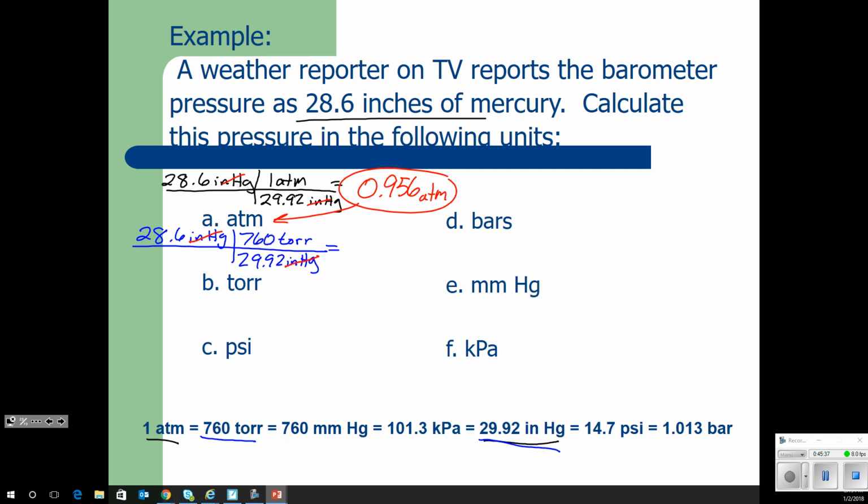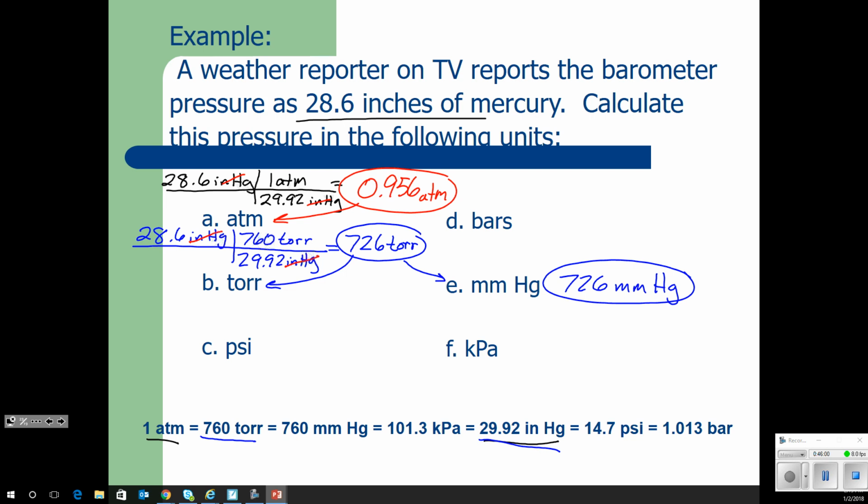What do we get here? We get what? 726 torr. Now, the nice thing is, torr and millimeters mercury are the same, right? So we've already got the answer for this one, 726 millimeters mercury. They're interchangeable. Okay, I want you to do the other three.